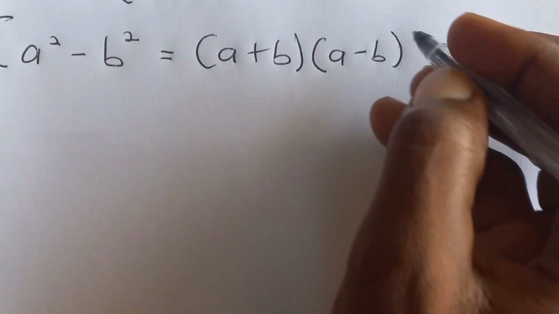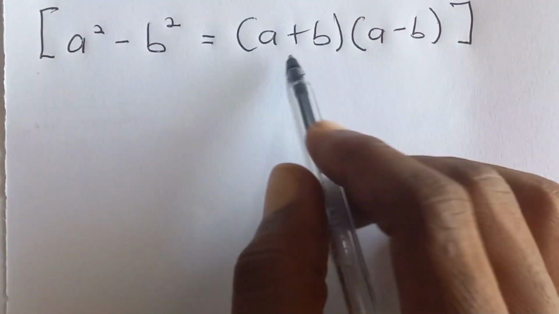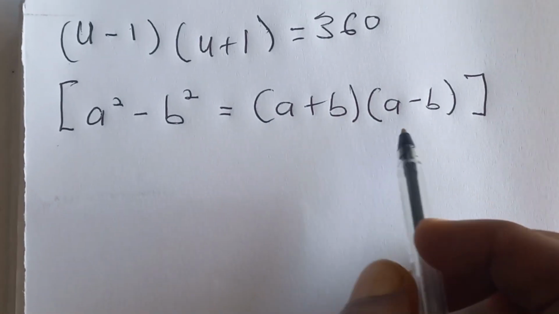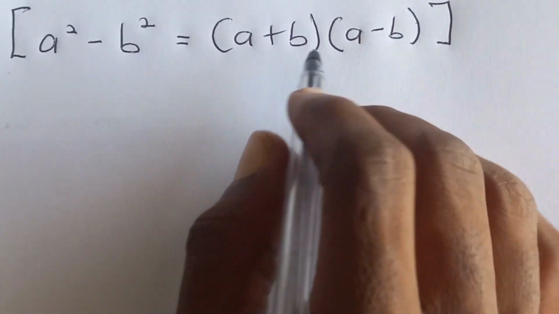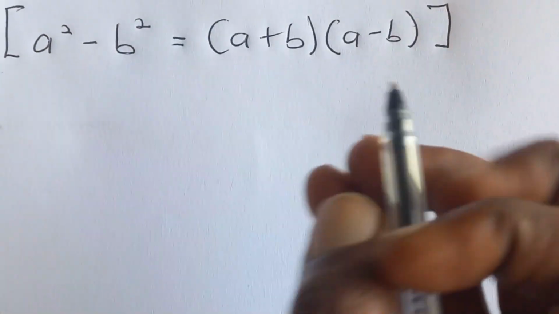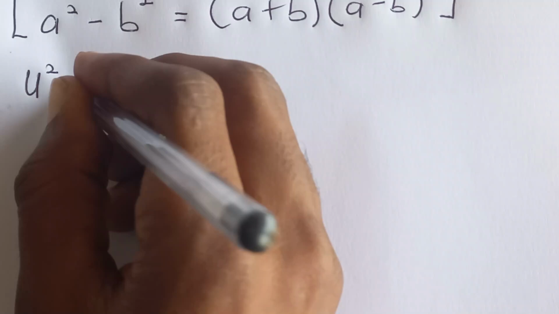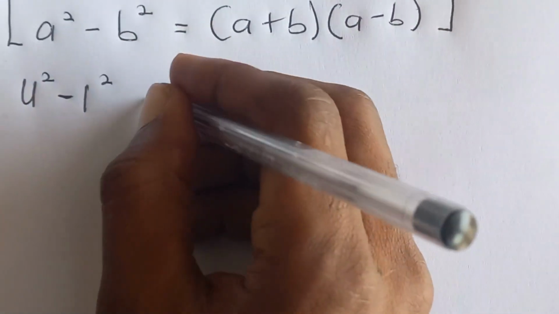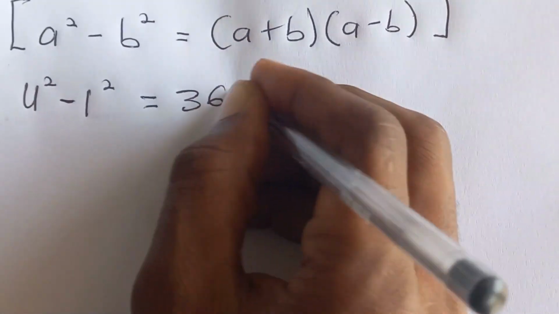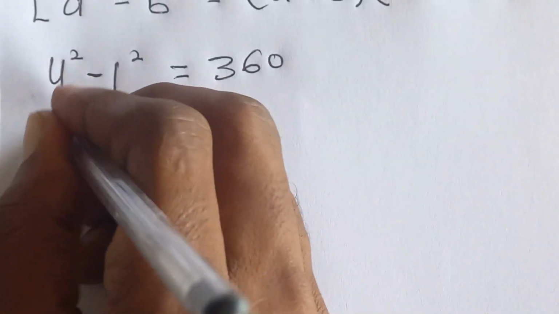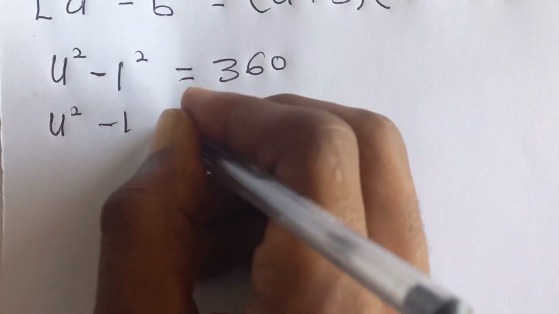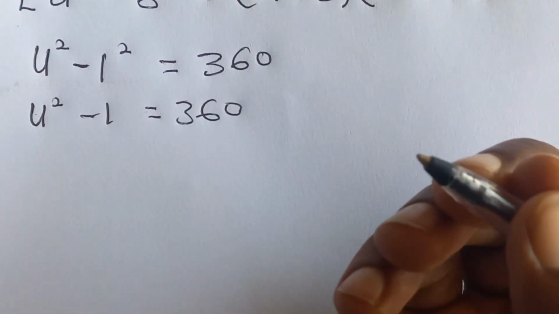It's algebra. So this is the same as what we call the difference of two squares. So we can rewrite this as u squared minus 1 squared, which is equal to 360. Okay, so 1 squared is the same as 1, so we have u squared minus 1 is equal to 360.